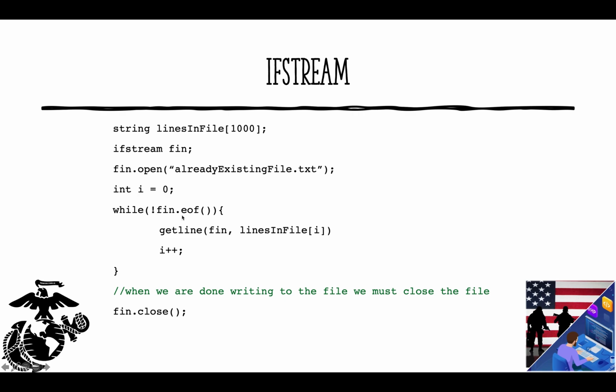So this .eof function is called end of file. So fin.eof will return true when we are at the end of the file. Right now, I haven't read my file yet, so it's obvious I'm not at the end of the file.